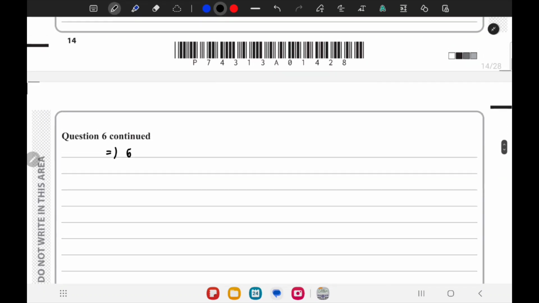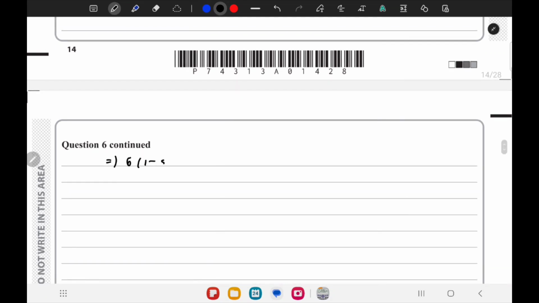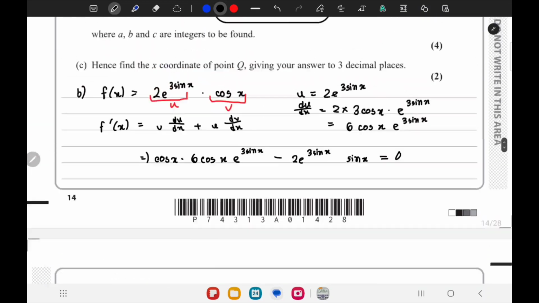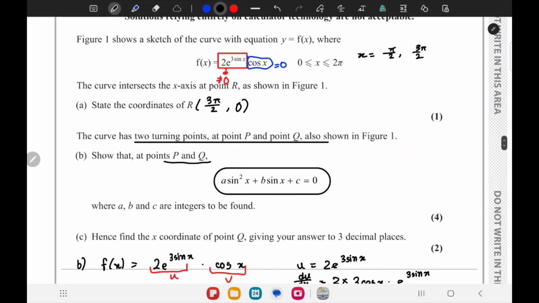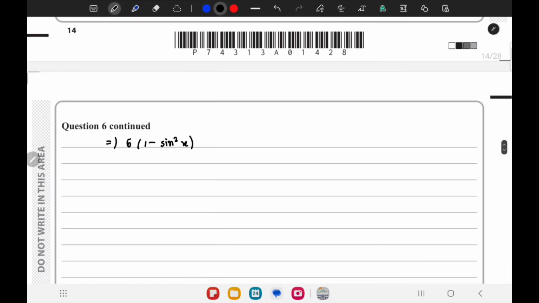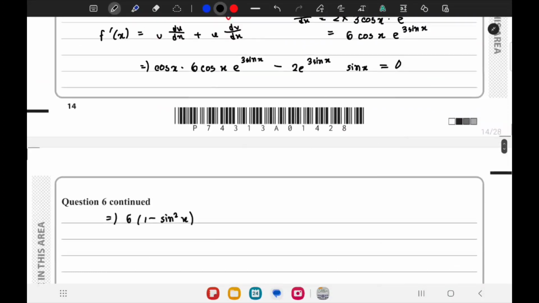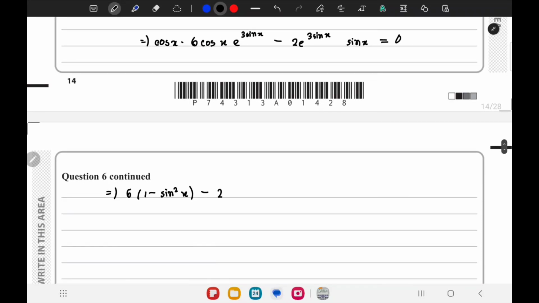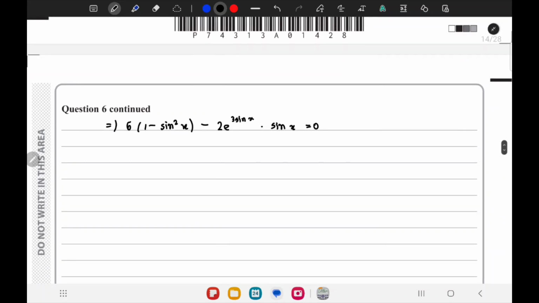Now instead of cos square, I'll have to write 1 minus sin square, because the equation we have to show doesn't have any cos in it. So we'll only use sines. There will be no cosines over here. So we'll have minus 2e to the power 3 sin x times sin x. Oh, missed something. This will be 3 sin x. We can take the e to the power 3 sin x out of here.